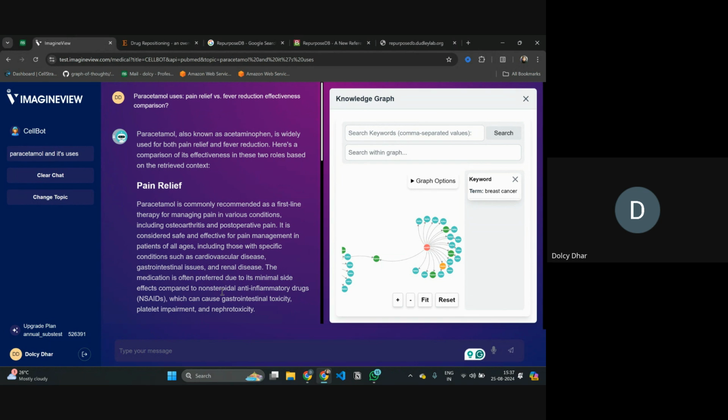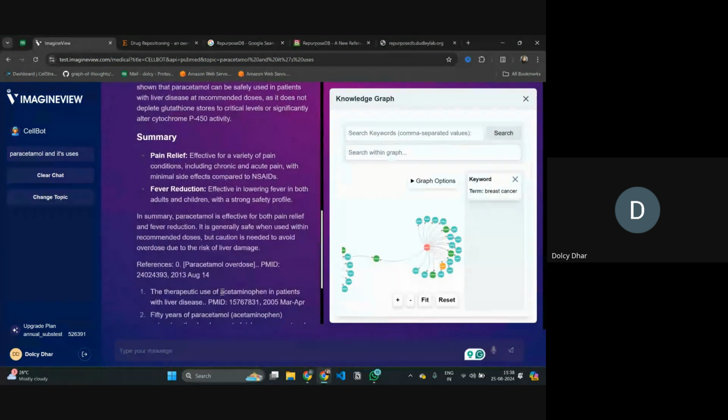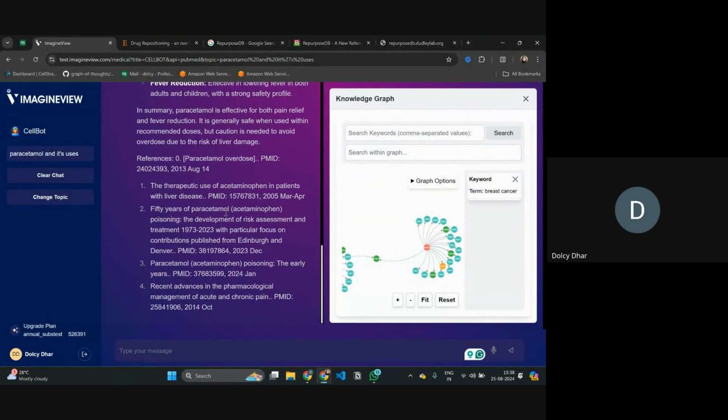So the whole idea is to bring information which is medically accurate and medically relevant to everyone, not just healthcare professionals. For now, the main purpose of this product would be to help healthcare professionals and providers access information in real time, so they don't have to rely on making decisions from Google or even ChatGPT or Perplexity.